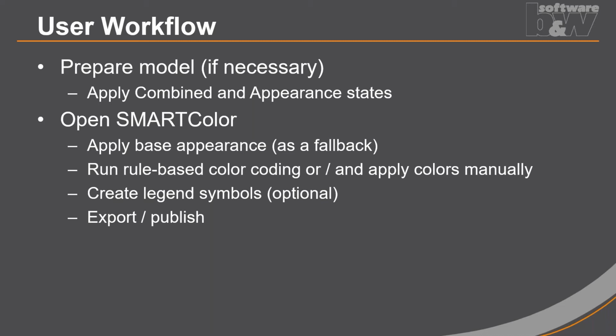If it's perfectly administrated, the user can choose from templates where all this is already in there. Then he opens SmartColor, applies a base appearance. That's kind of a fallback if he wants to go back to or remove colors from the model. Then he runs the rule-based color coding or even applies colors manually.